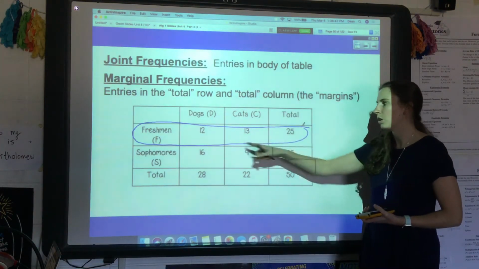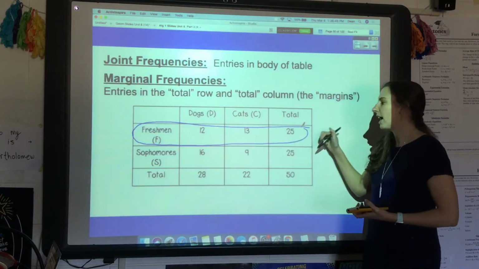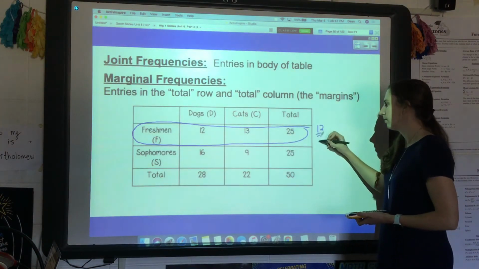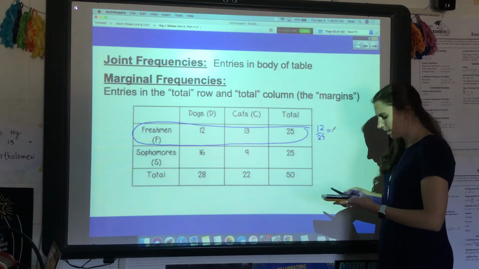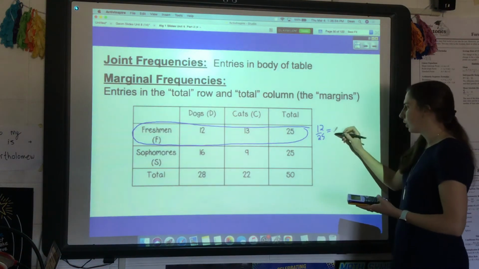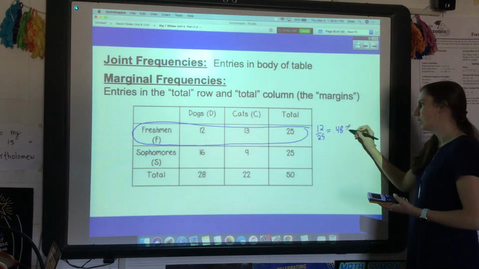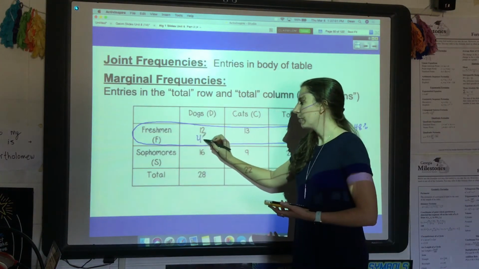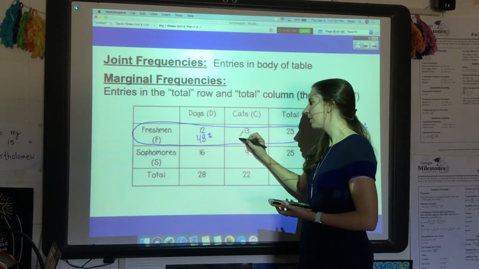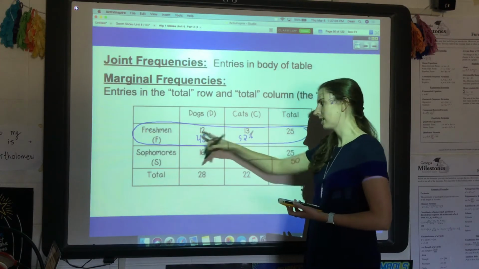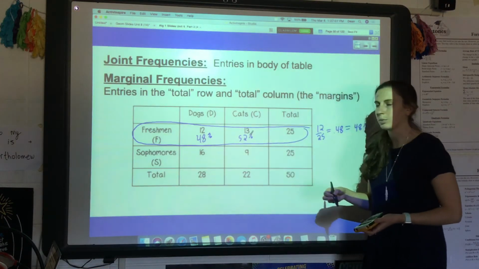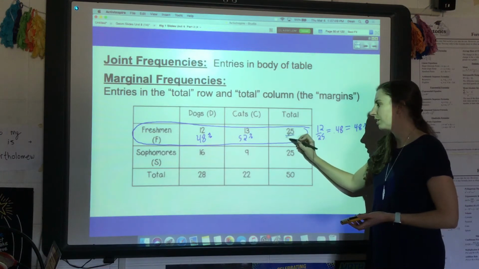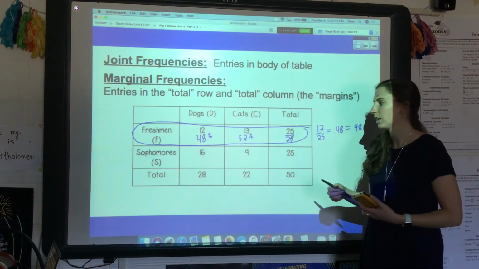We're just going to do 12 out of 25, which would be 0.48, almost 50%. So it's 48%. If 48% prefer dogs, that means 52% of them prefer cats because they would have to add up to 100%. I could even do 25 out of 25, which would be 100%.